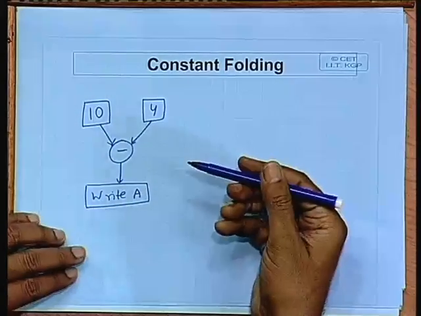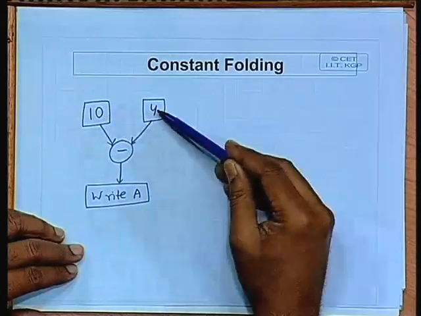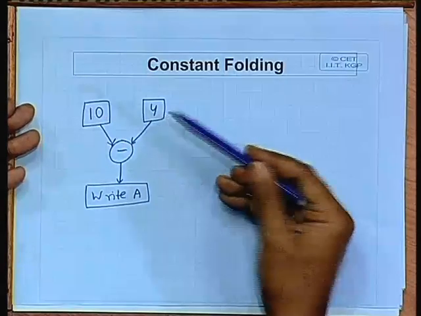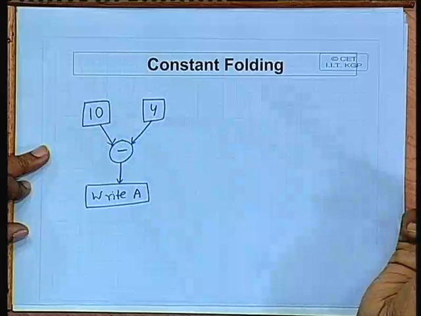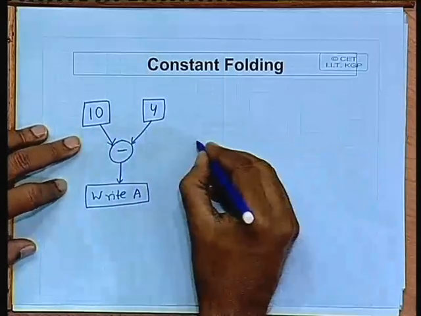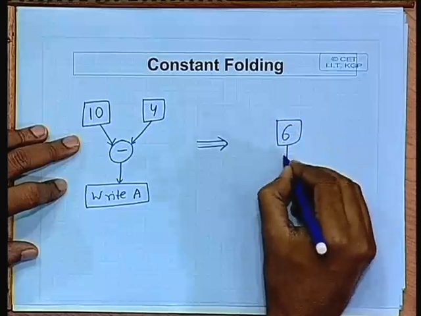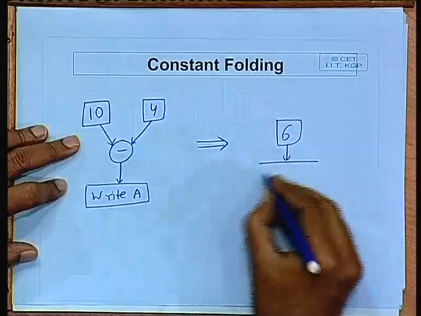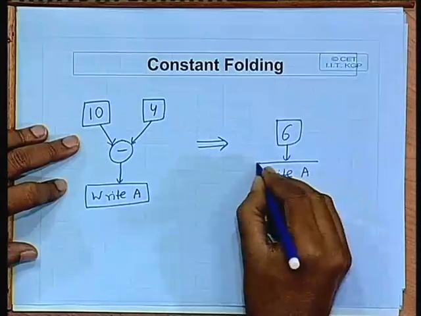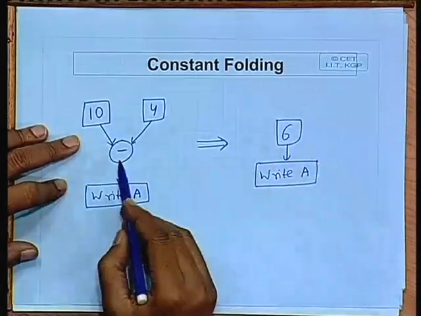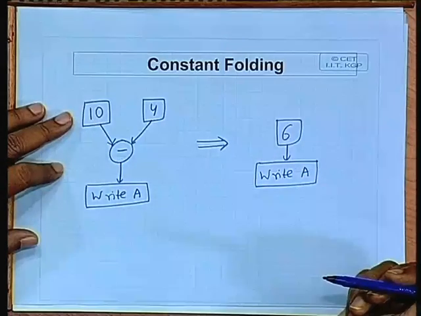So, the processor can immediately find out that there is an operator for which the values of the operands are already known. So, it can evaluate it at compile time itself, and straight away transform it into a constant value 6 which you are writing into A. So, you do not need a subtractor, you do not need places to hold 10 and 4; straight away you can write 6 into A, simple.